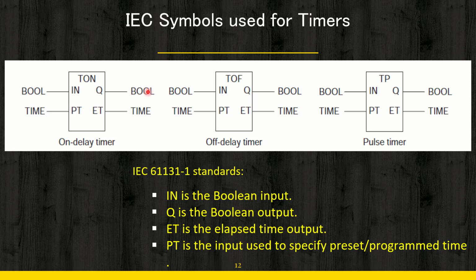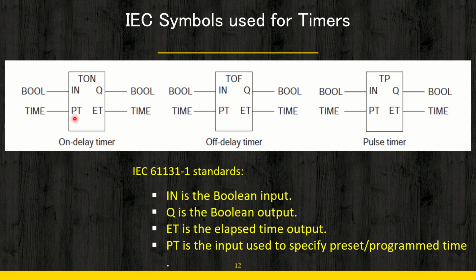Then there is a Boolean output available at Q. Whatever the timing relay condition, it is available at this Q, either 1 or 0. Therefore they are called Boolean signals.